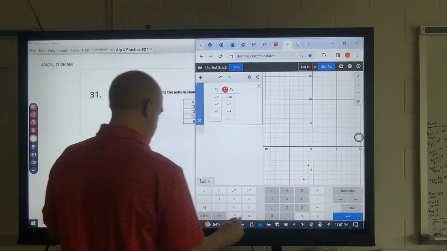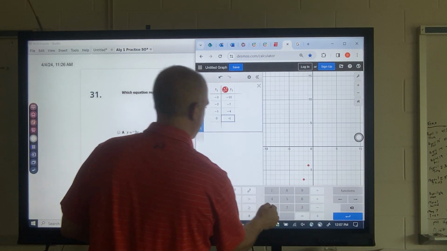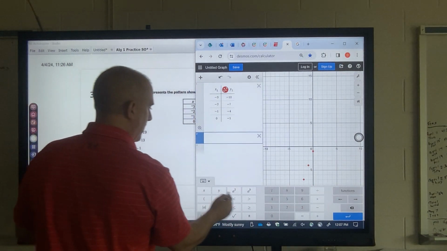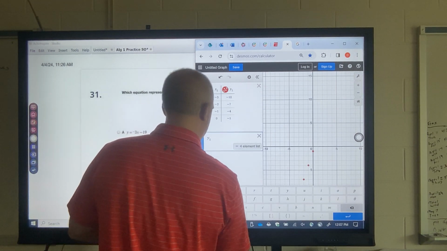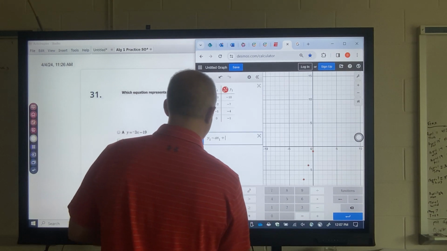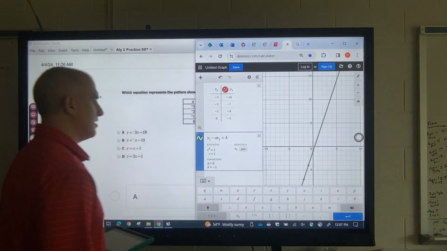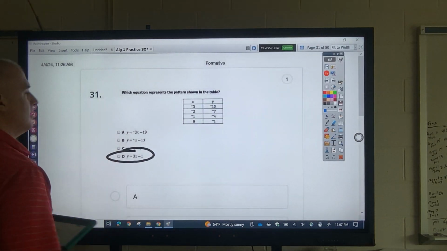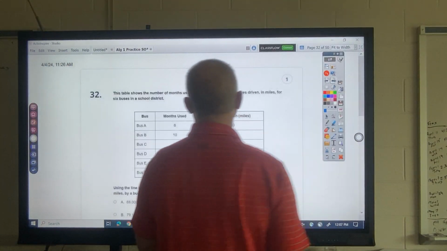I got 0, and I got -1. So these are all lines. So I got to do y1, the little tilde ax1 plus b. I don't have the squareds here because this is a line. And what that's telling me is 3 goes there, -1 goes there. That'd be that answer.